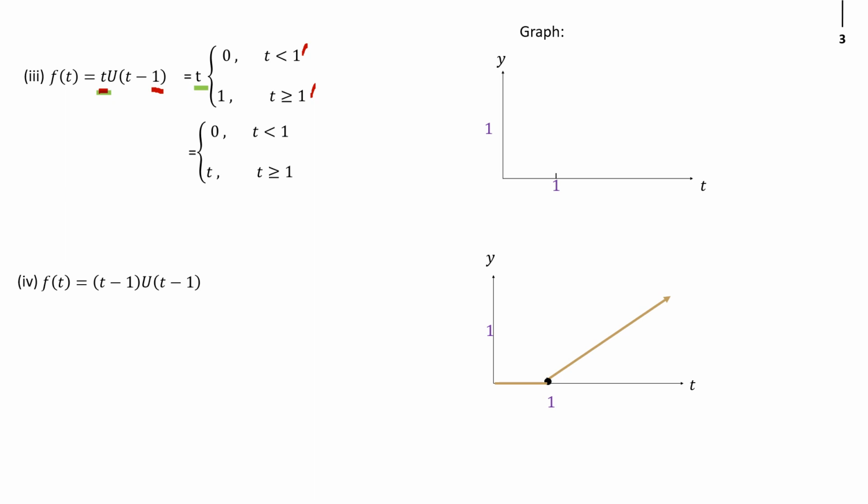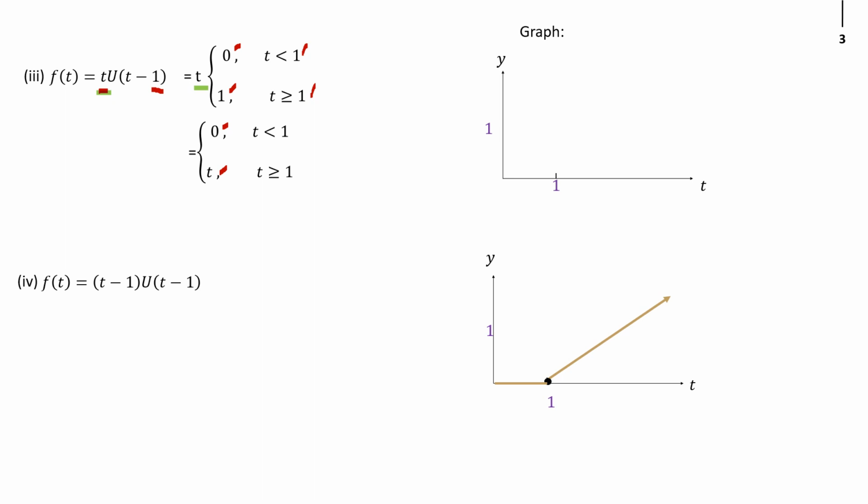We have this piecewise function. t multiplied with 0 is 0. t multiplied with 1 is t. And then we can draw the graph. Here, if t is greater than 1, y is t.